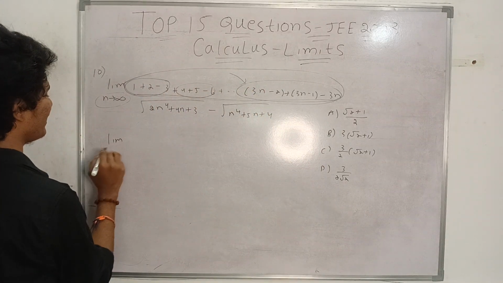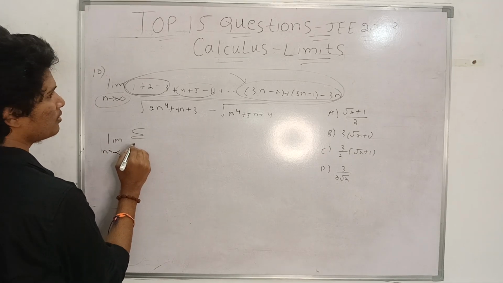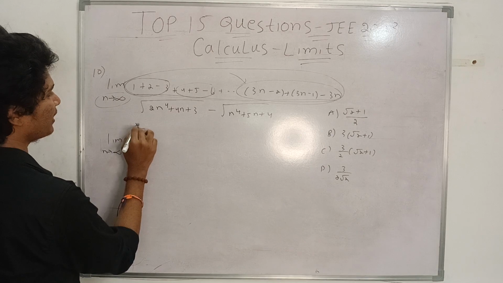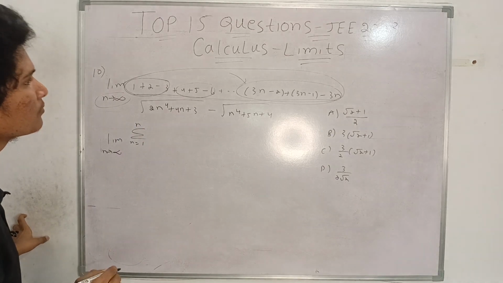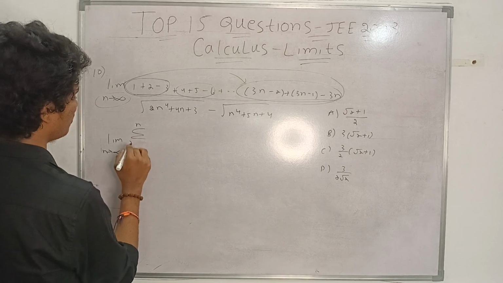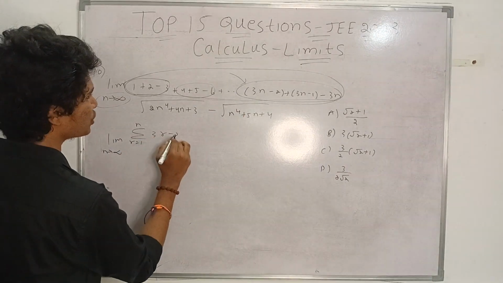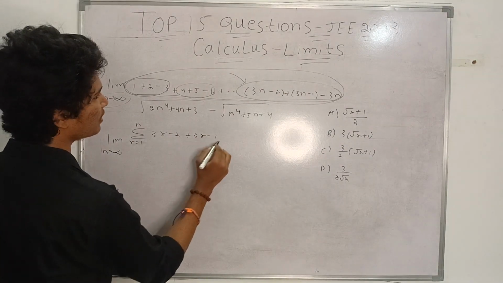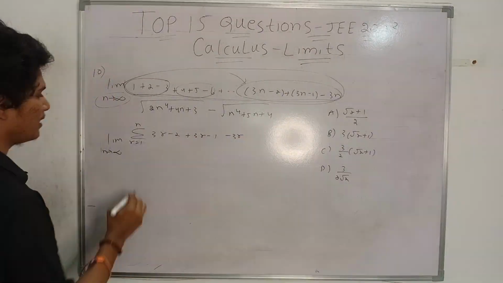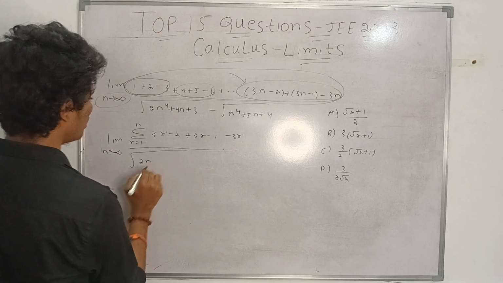So limit n tending to infinity sigma r equal to 1 to n. I can transform this as 3r minus 2 plus 3r minus 1 minus 3r, divided by root of 2.